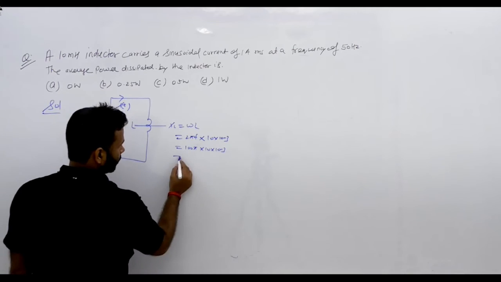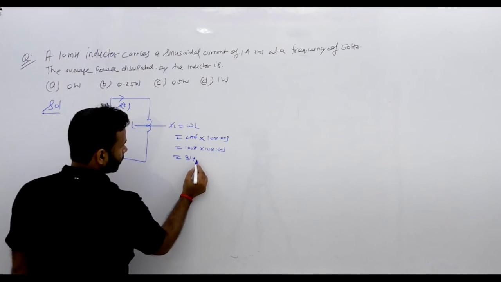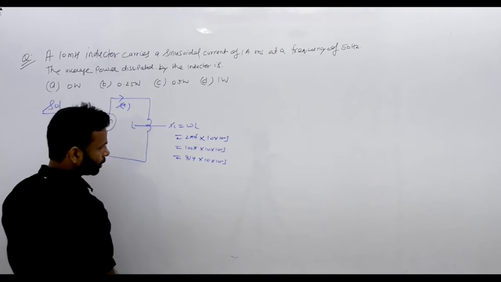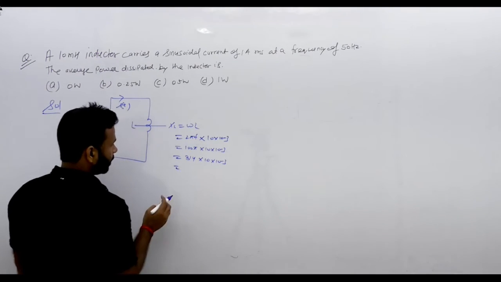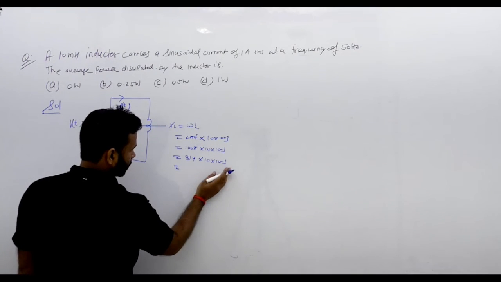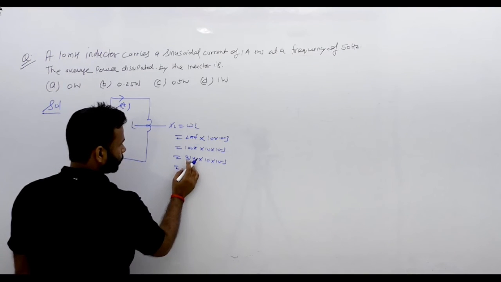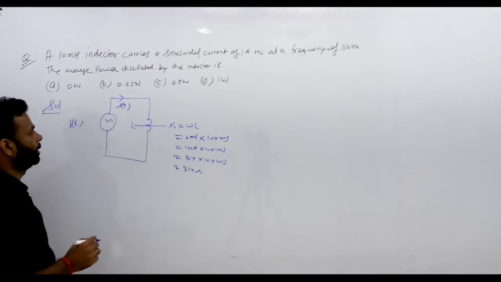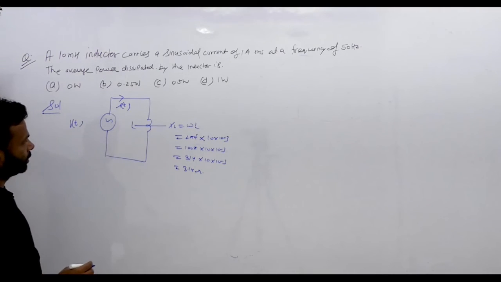Then we have pi, that is 314 into 10 into 10 to the power minus 3. Okay, then we will have what? It is just cancel out 2 and divide by 2, then it is 3.14 ohm. Okay, now so this is your reactance in ohm.